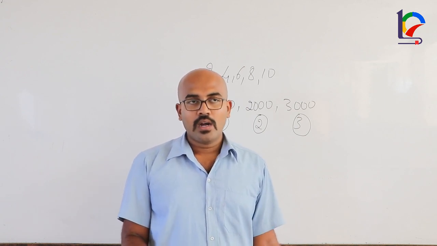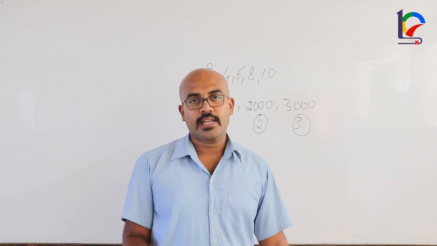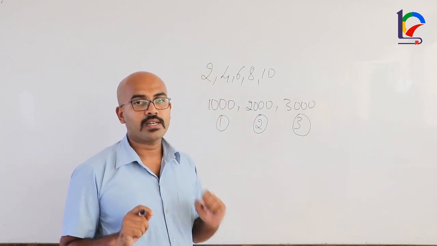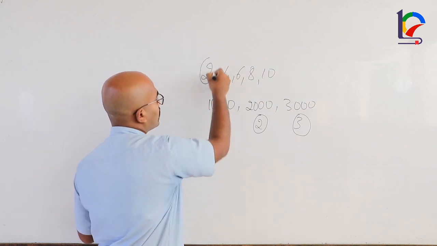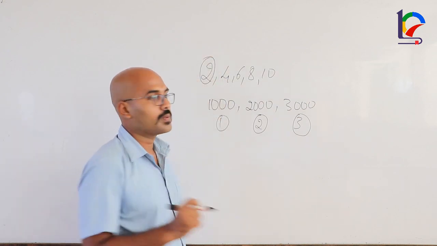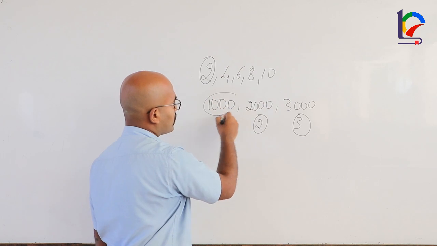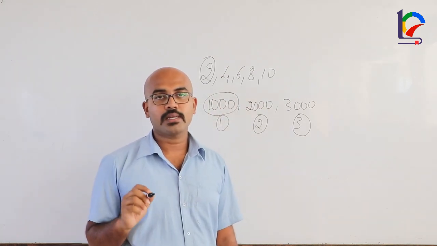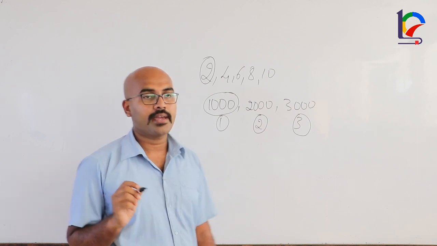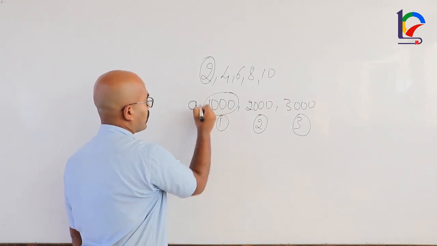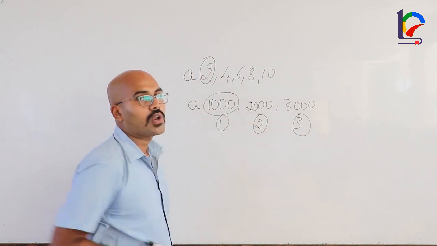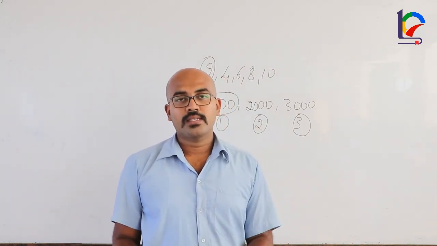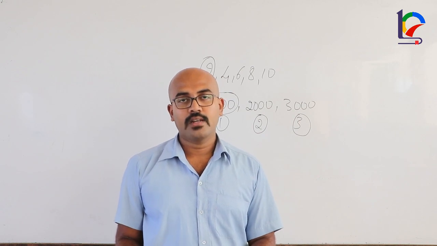In all this, there is a first term. In this case it is 2, here it is 1000. Usually the first term is represented by small a. And one more thing, there is the common difference.